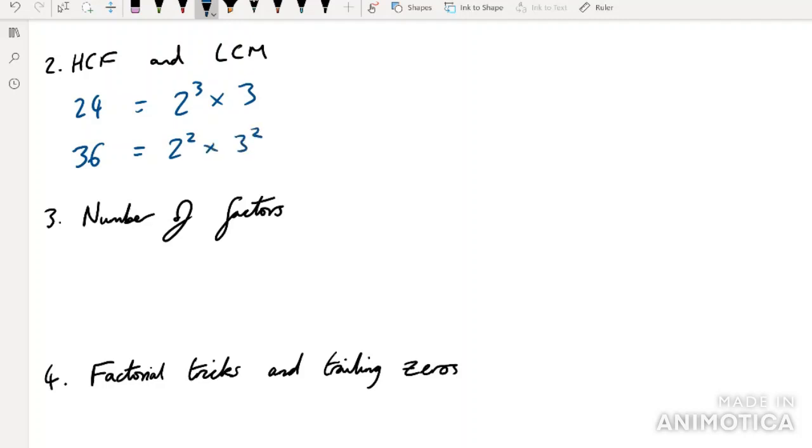To find the highest common factor, you look at any factors that are repeated in both numbers. We've got 2 squared in both numbers and we have a 3 in both numbers. So the highest common factor will be 12.